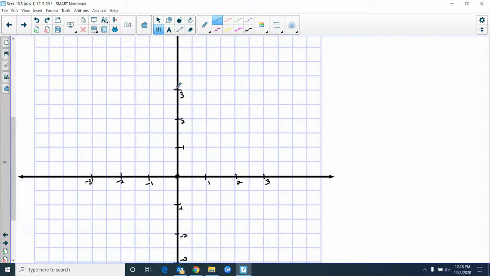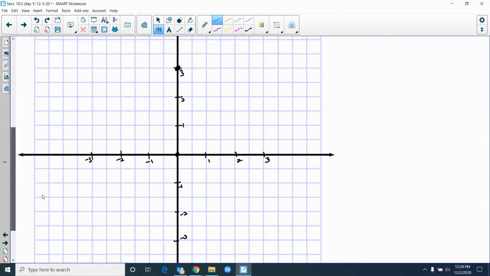There's my center. I go up 3, down 3, and since b is 1, I go left and right 1. This is going to be hard to draw. All right, there's our ellipse.